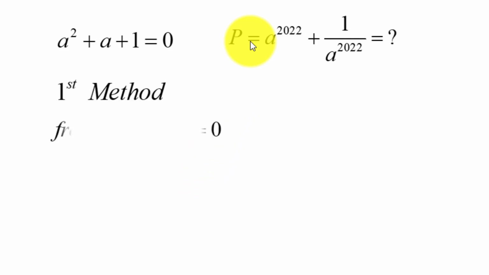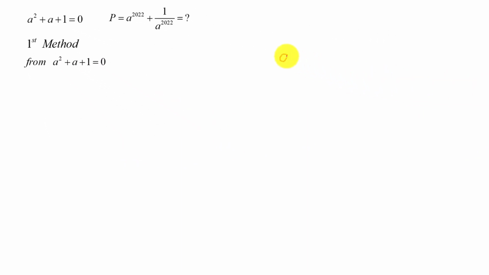The method from a squared plus a plus 1 equals 0. If we change a to the right hand side, we get a squared plus 1 equals minus a.